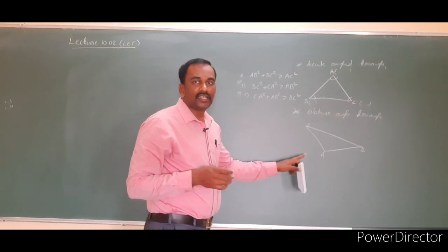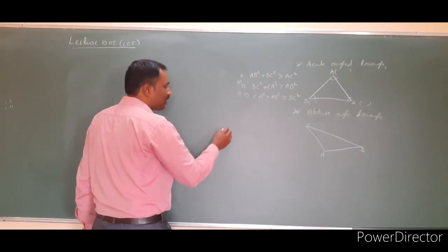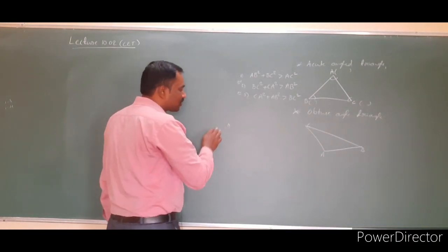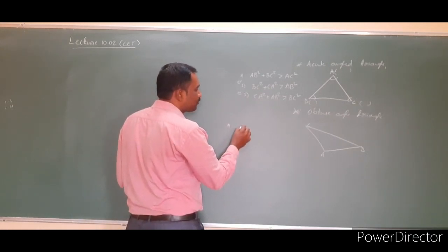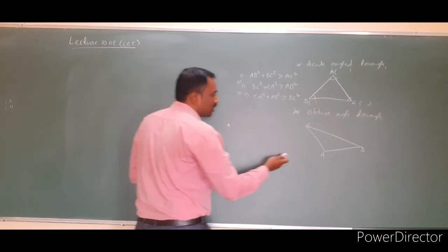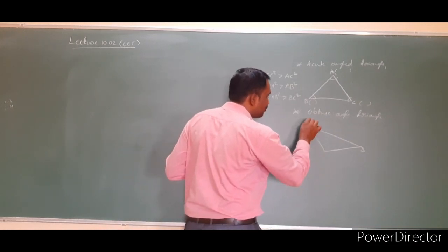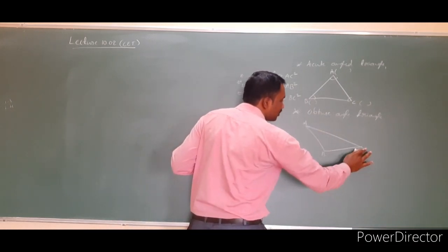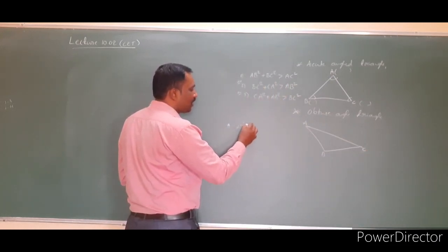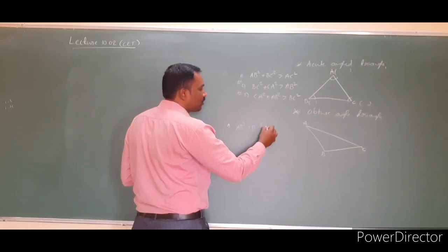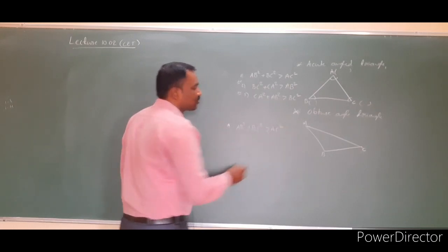Here I have taken triangle ABC. I am going to write one of the conditions. In this condition, there are three possibilities. I just write, with a little change in the names, A, B, C, so you can easily understand. Now I write AB square plus BC square is greater than AC square.